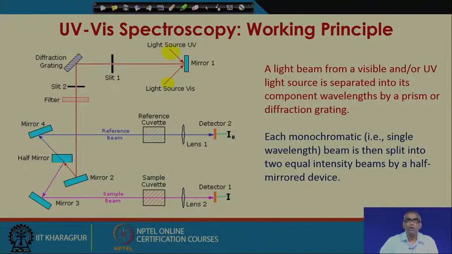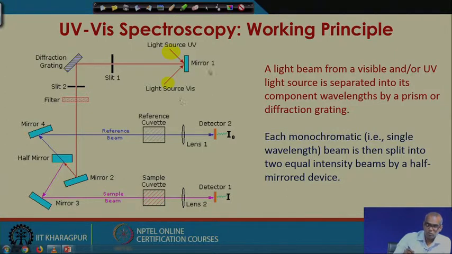Now, let us look at the working principle of UV spectroscopy in some more detail. What you see on the screen is a schematic of a UV spectrophotometer. A light beam from a visible and or UV light source is separated into its component wavelengths by a prism or diffraction grating.